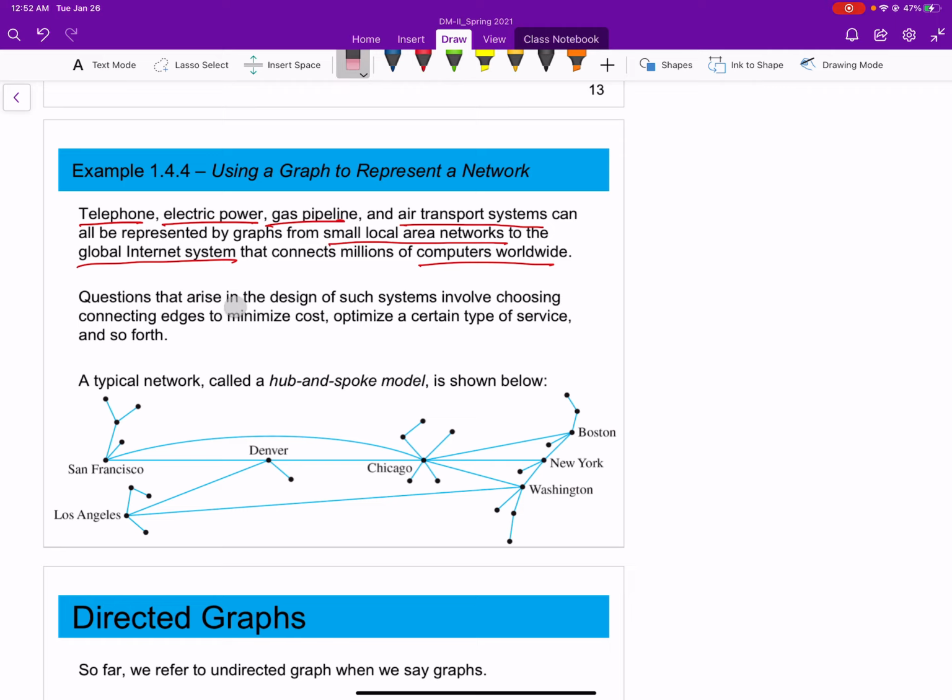Questions that arise in the designing of such systems involve choosing connecting edges to minimize cost or optimize certain types of service and so forth. So let's say you have this network, or this graph. Now the next question is your target. What's your target?